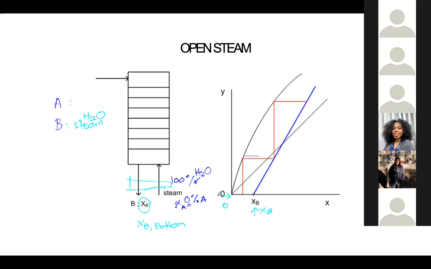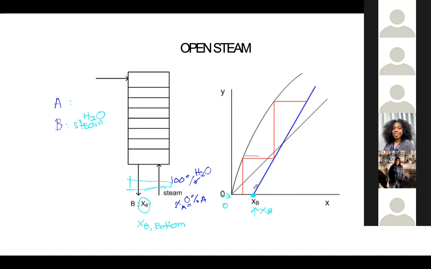So the pair between 0 and XB goes to this point. So XB is around here, then your last point for the stripping section is in this section.